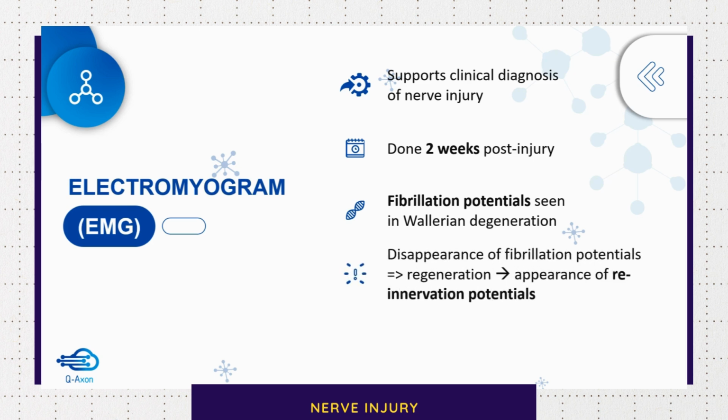But if regeneration takes place, these fibrillation potentials are replaced by what we call re-innervation potentials. So once re-innervation potentials are visible, it means that regeneration is taking place. In other words, this test is of prognostic value.